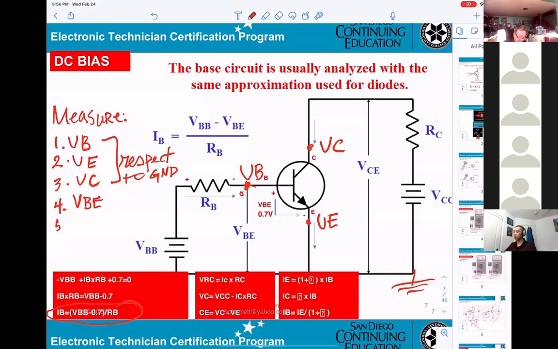Same thing. I want VCE. High C, low E. Exactly. High side, that means from here to here. Okay? Not to ground. Only this one, they ground it. That doesn't matter.